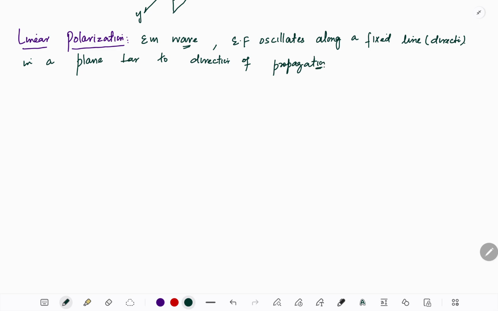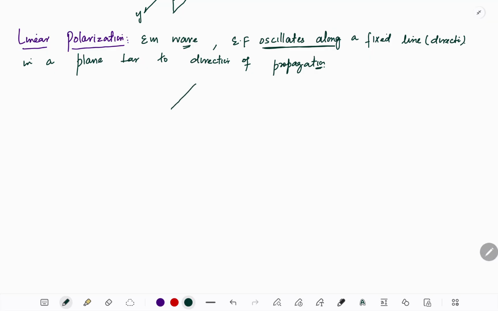Oscillating means that its value increases, then decreases, becomes zero, then increases in the other direction, but only along a single axis.